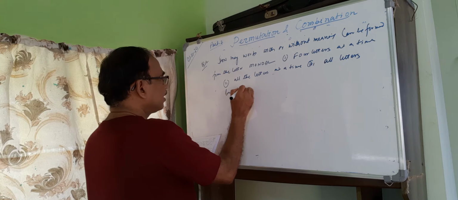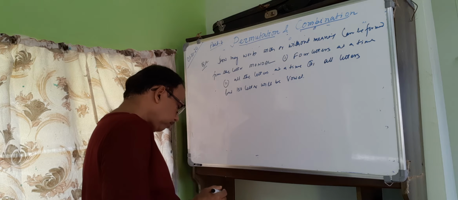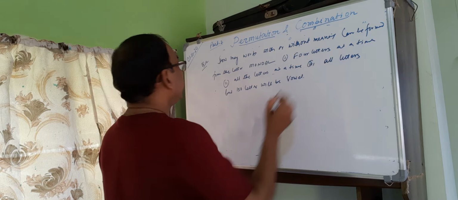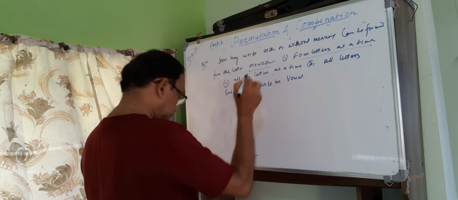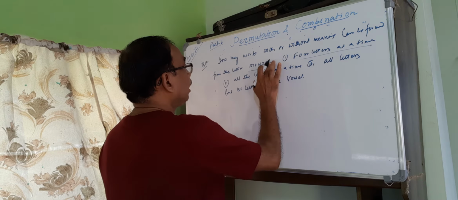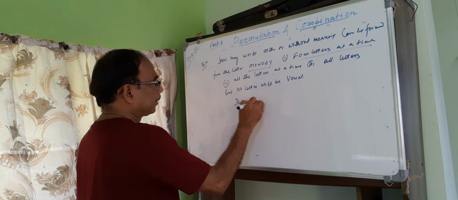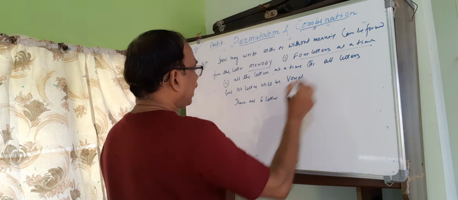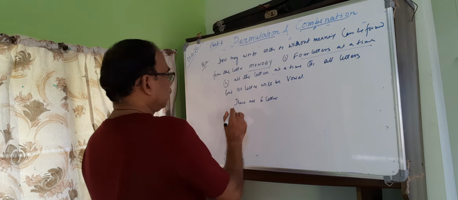The number one question, with meaning, can be with 4 letters at a time. There is Monday, M-O-N-D-A-Y, 1, 2, 3, 6 letters. 4 letters at a time from 6 letters.